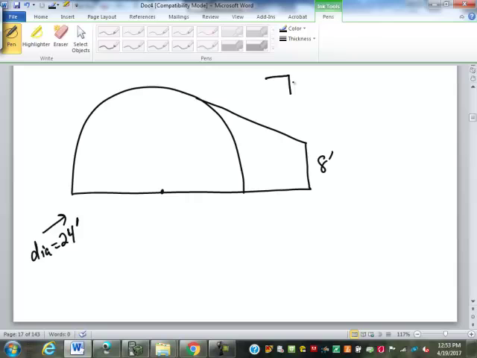The slope of this, we're going to say, is called a 4:12 slope. I want to know what's the length all the way across there. What's that distance all the way across?